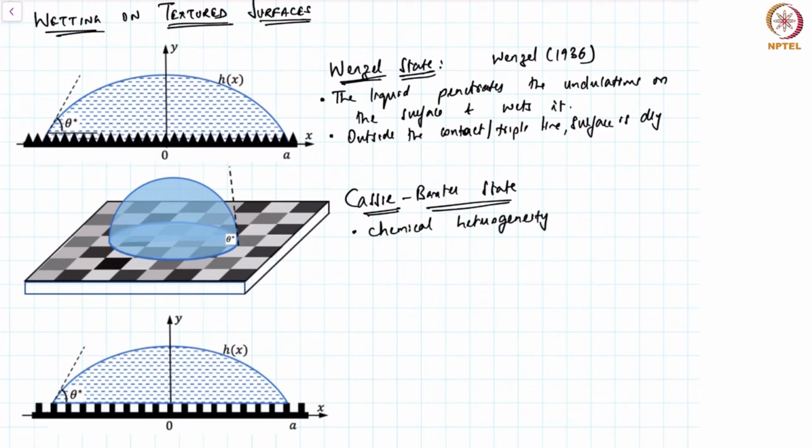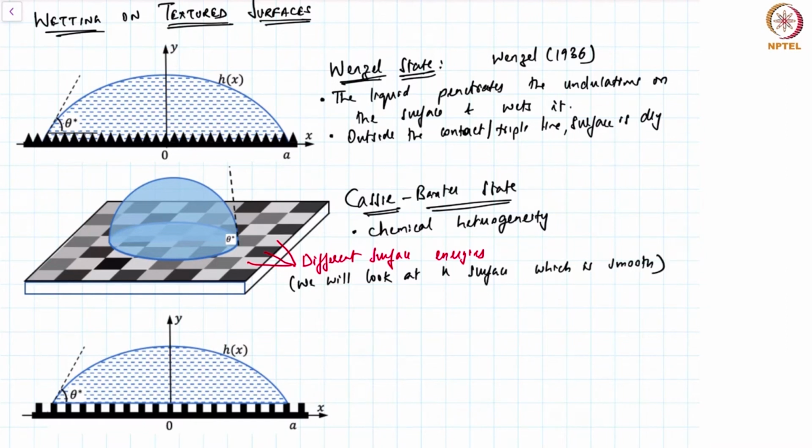So each of these little squares that I'm showing have different surface energies. Now we will do the analysis for a surface that is smooth.